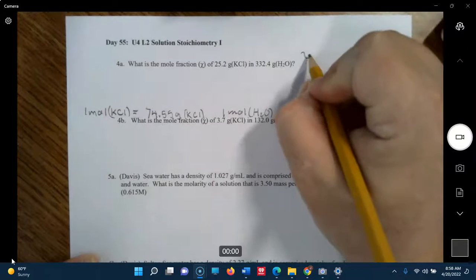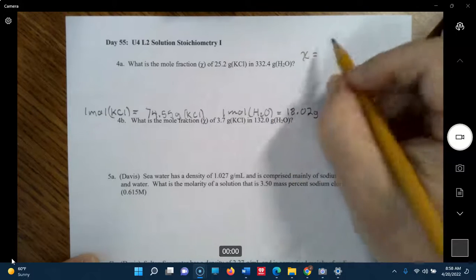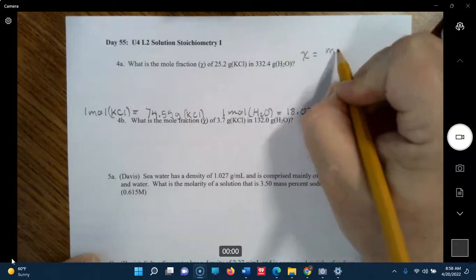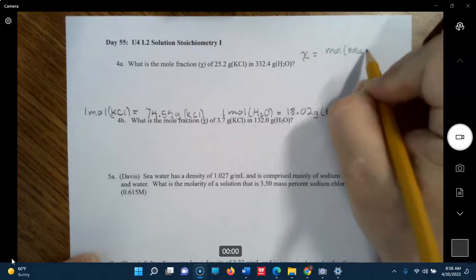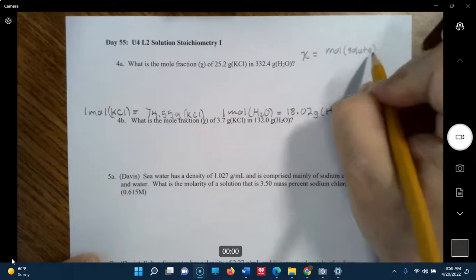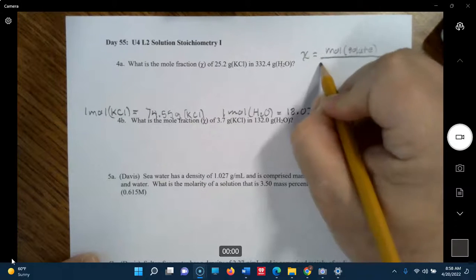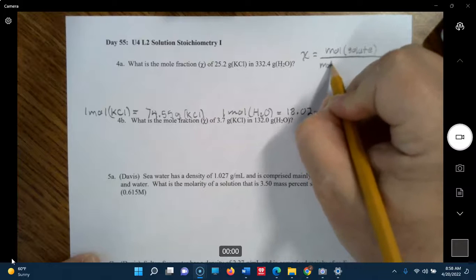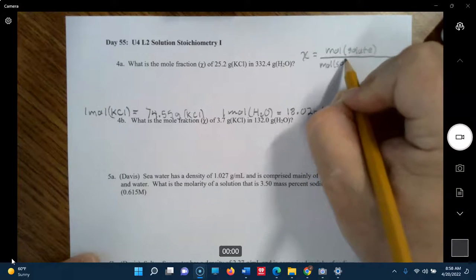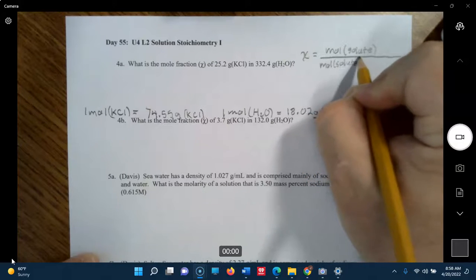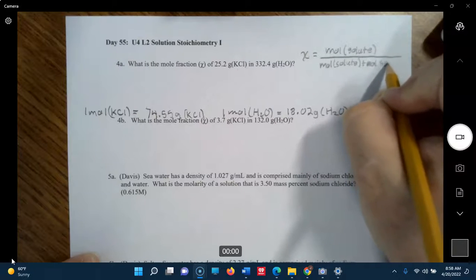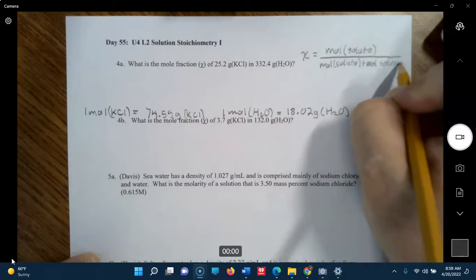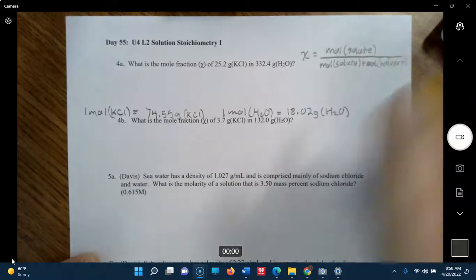Go ahead and write the formula for mole fraction, and it's moles of solute, the KCl in this case, what's being dissolved, over the moles of solute, all solutes actually, but there's only one here, plus moles of solvent. That's the water, what's doing the dissolving.